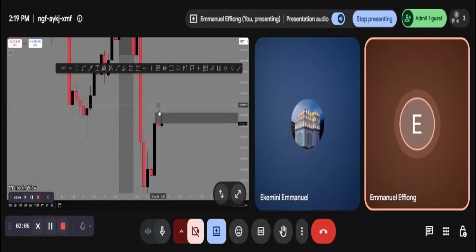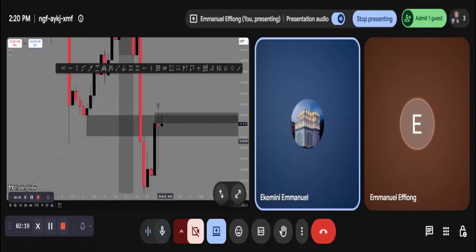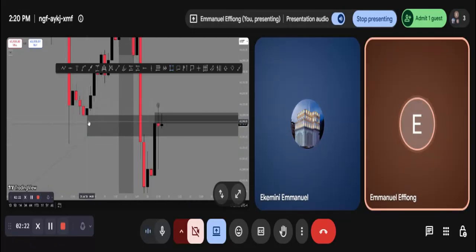But before this swing high, can you tell me what kind of rejection is this? Normal rejection. Correct. So this is a normal rejection candle, right?